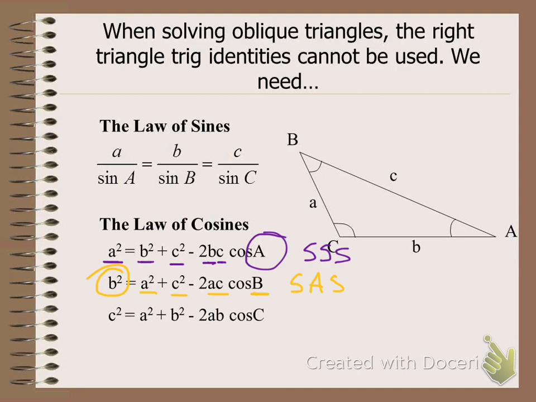Okay, so you can kind of see, and the variables are arbitrary here. I'm going to show you that pattern in just a second. But you see how the side, angle, side, and side, side, side pieces of information are going to go. Now, here's how I want you to remember the law of cosines. You're always going to be finding one of the outside pieces, either the angle that's on the end or the side that's at the front.